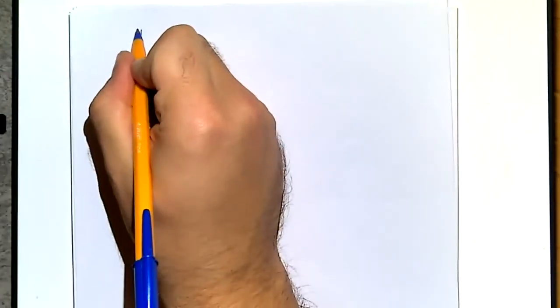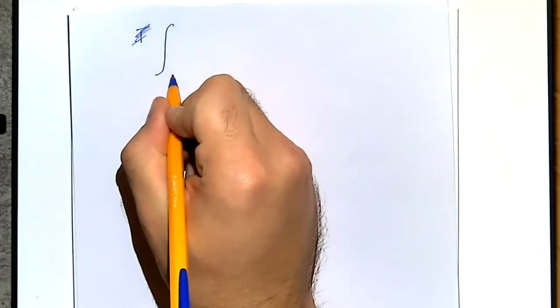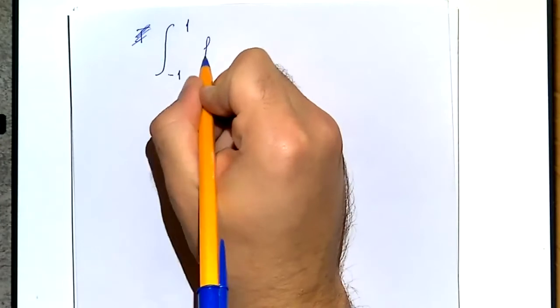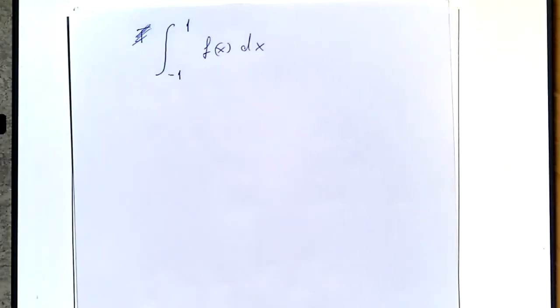If I have the integral, let's say from -1 to 1 of f of x dx. Okay. Again, think of it as addition. Just, you don't write that down. Please don't write that down. Otherwise, it's gonna be bad. But just think of it.